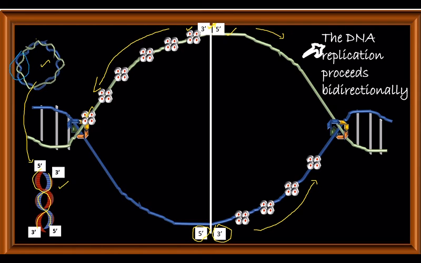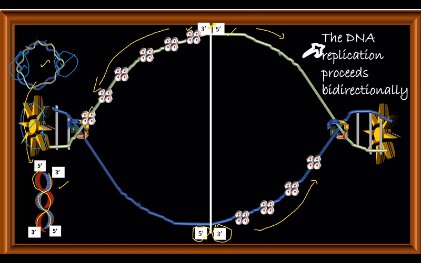So to avoid this, topoisomerase 2, also known as gyrase, attaches to the DNA and removes the supercoiling, either by producing negative supercoiling, or it cuts the DNA, removes the supercoiling and then attaches it. So topoisomerase 2, that is gyrase, plays an important role in controlling the supercoiling.